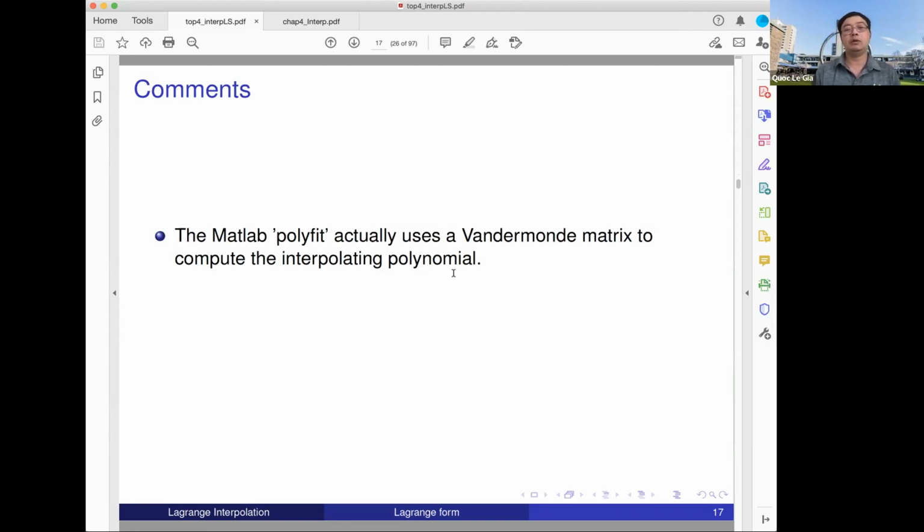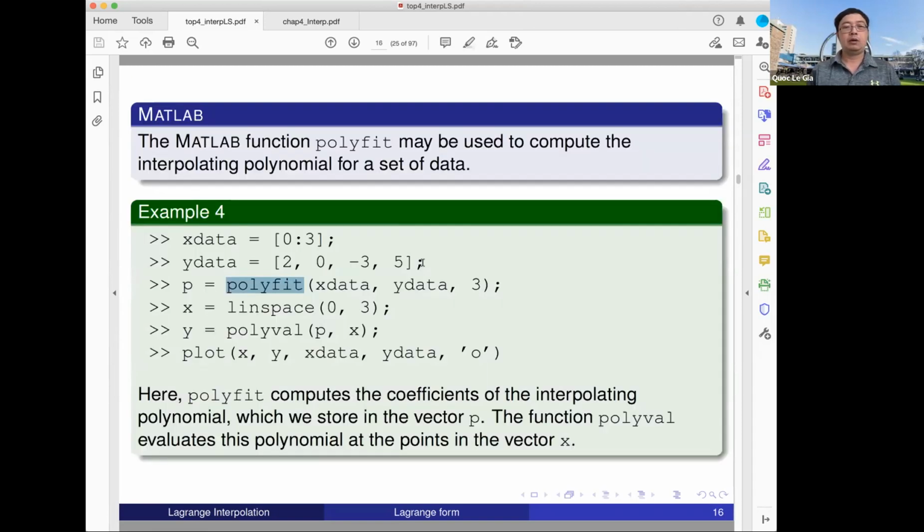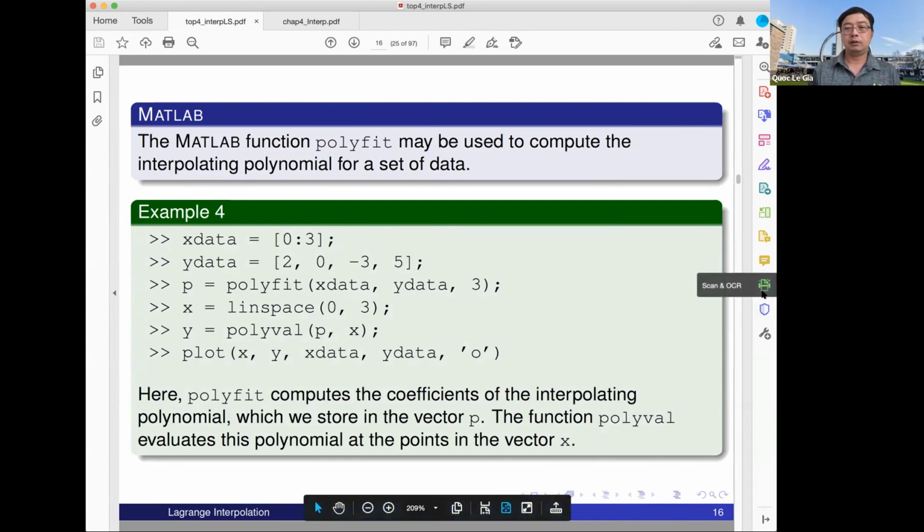So go back to the example here. Let me share my piece of paper so it's easier to explain.